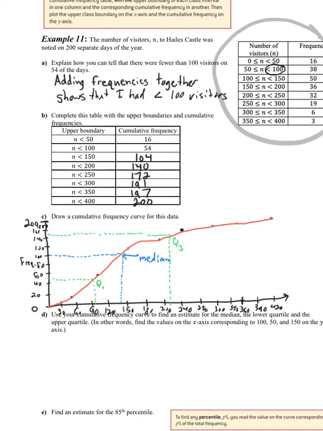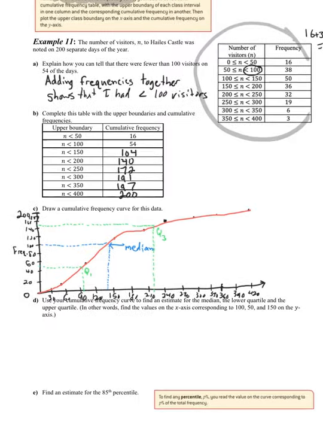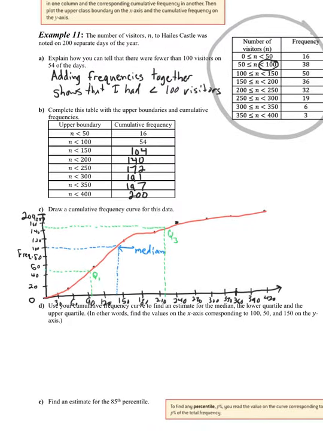Okay, and that's how we'd identify those values from the graph. So find the values on the x-axis corresponding to 100, 50, and 150 on the y-axis. That's what that part is saying in parentheses.